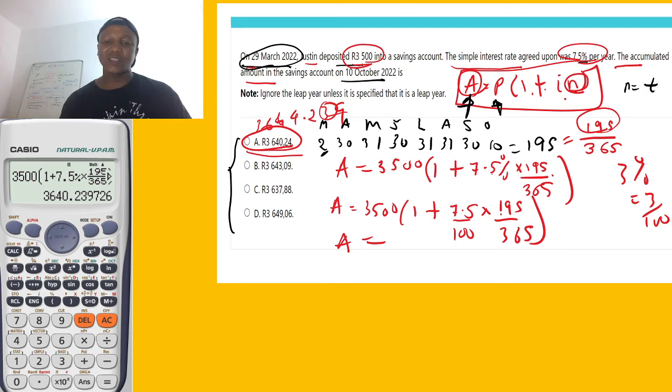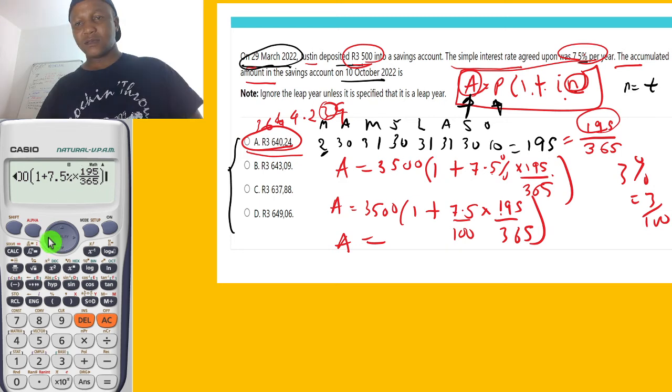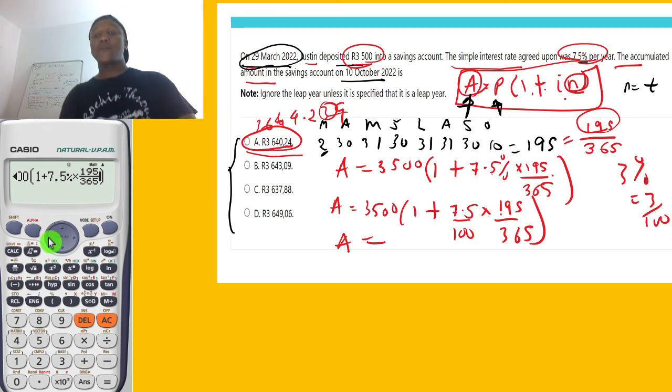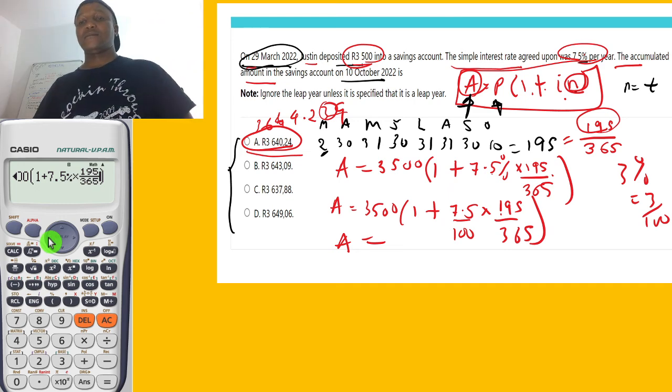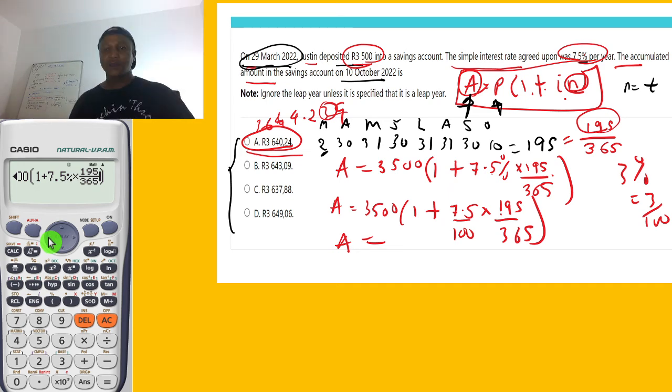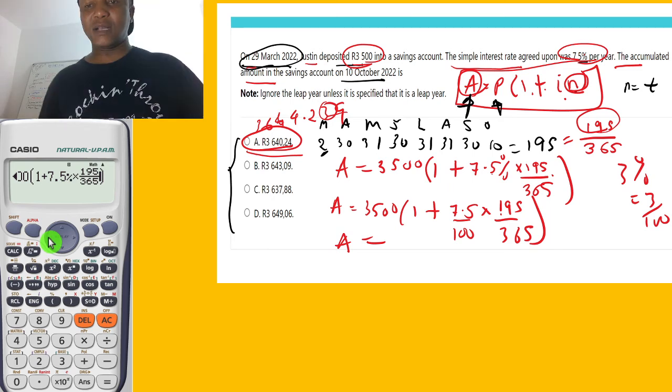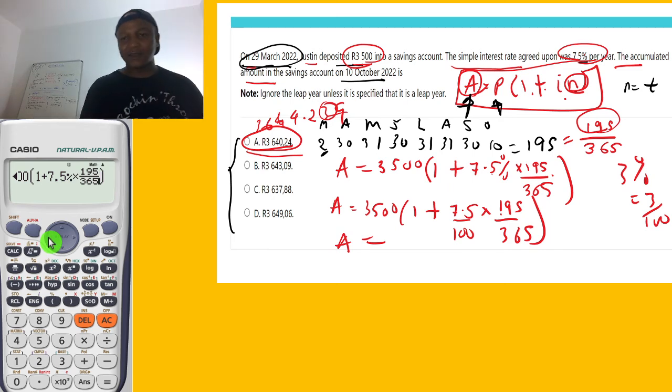Now let's say it was 196 days. Let's make assumptions. 196 days. So I'm going to come and say, I want to put 6 days. Oh man, my calculator is very slow, man.